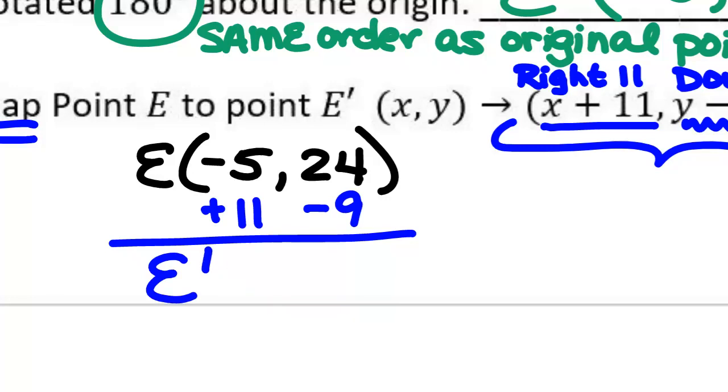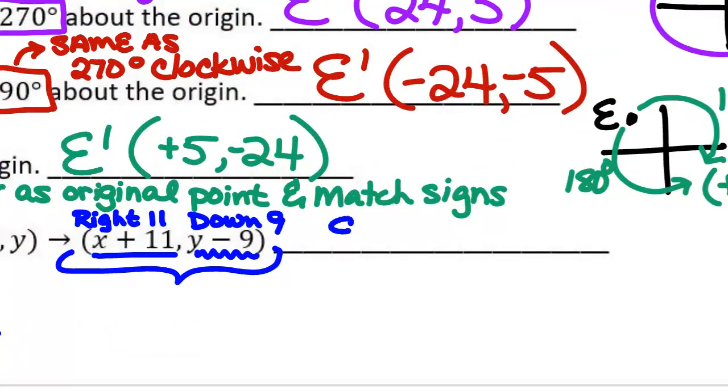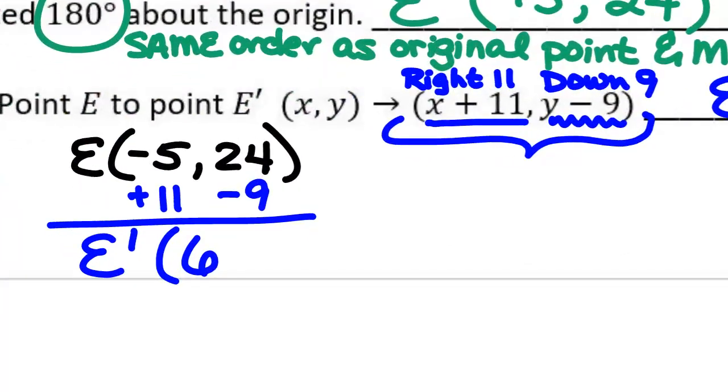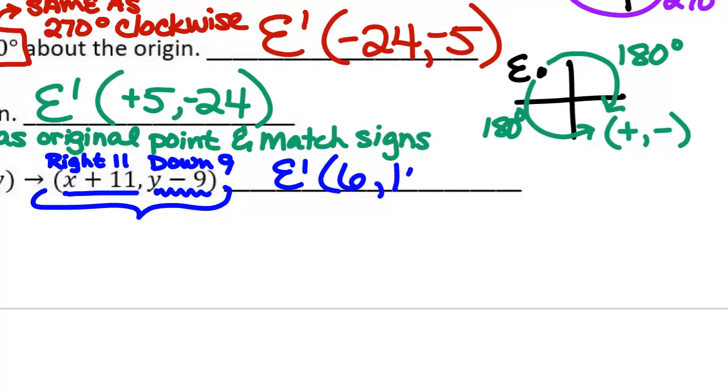So -5 plus 11, what would that be? That's going to be a +6. So E prime is +6. And then what about 24 minus 9? +15. Notice this is the only one that's profoundly different from the ones that came before it.